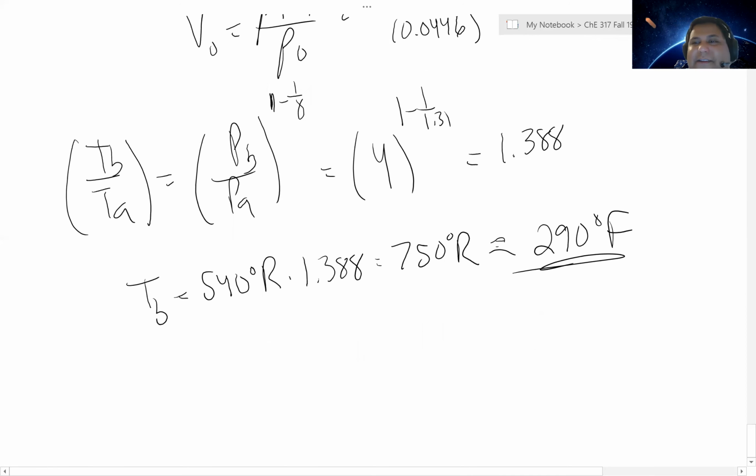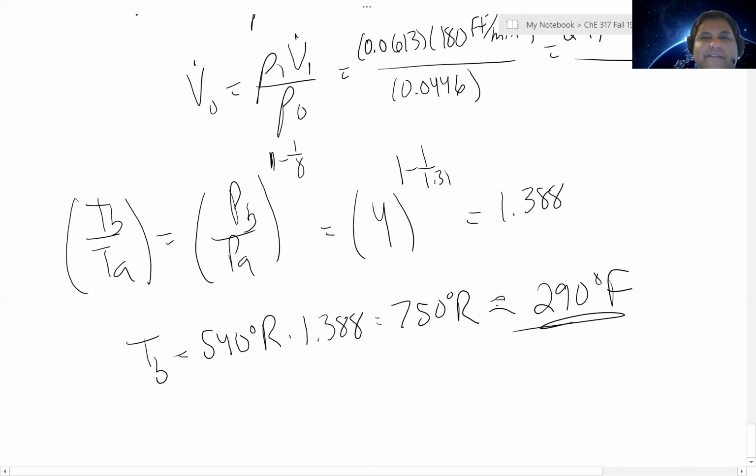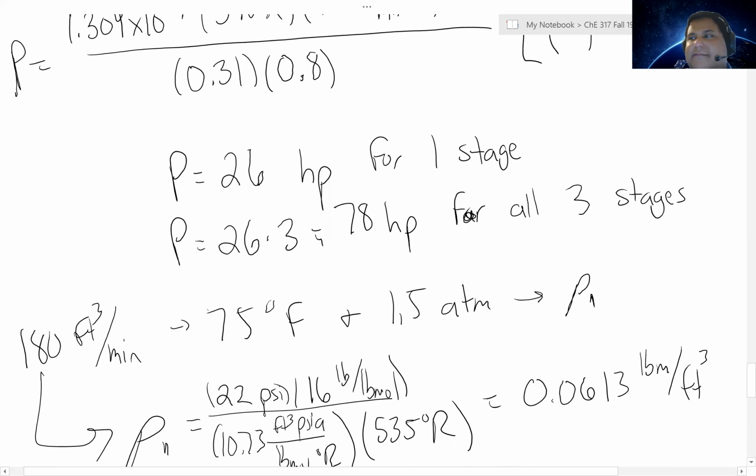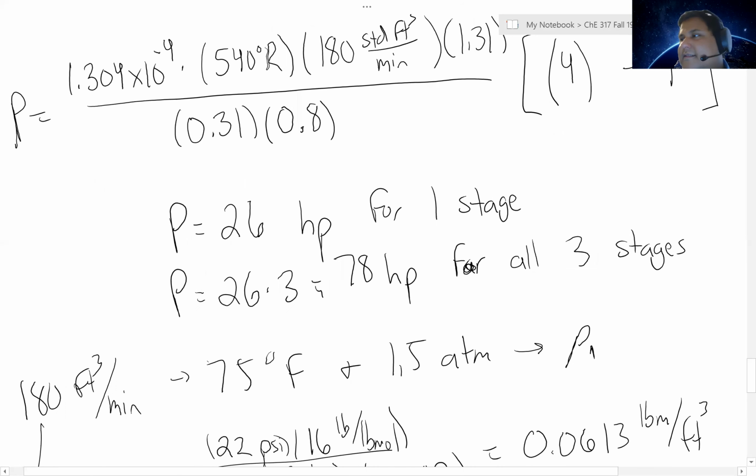So you can kind of see why it's important to operate the system in stages to avoid excessive heating of your fluid. So any questions on that example or the discussions that we've had on fluid transfer equipment for gases? We really focus on compressors because that's where the real work is going to be done, pun intended.